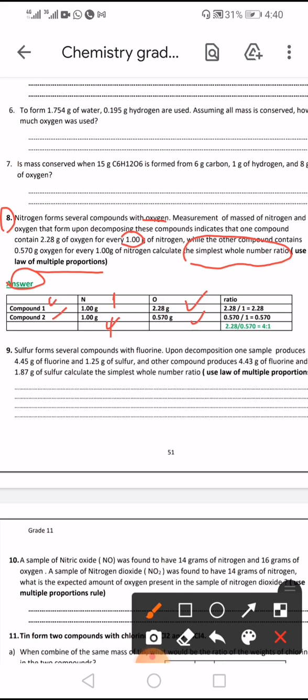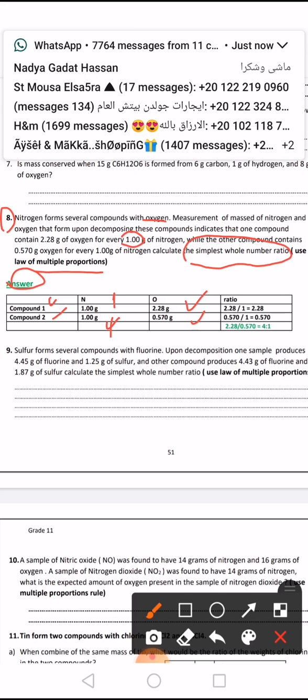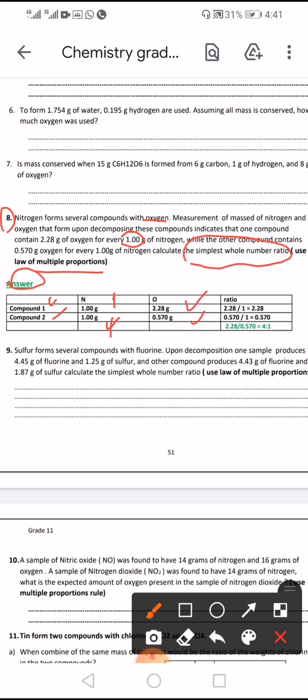So what about oxygen? Oxygen in compound 1 contains 2.28 gram, and in compound 2 0.570 gram. And we want to calculate the ratio of oxygen in the two compounds.